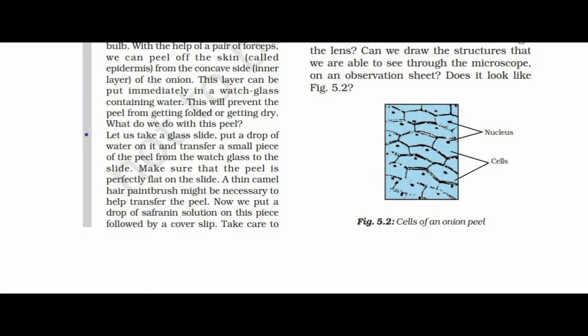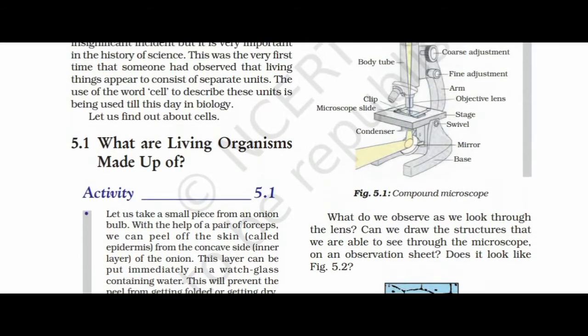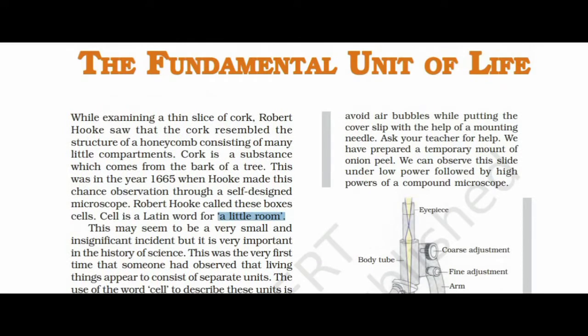Take care to avoid air bubbles while putting the cover slip with the help of a mounting needle. Ask your teacher for help. We have prepared a temporary mount of onion peel. We can observe this slide under low power followed by high power of a compound microscope.